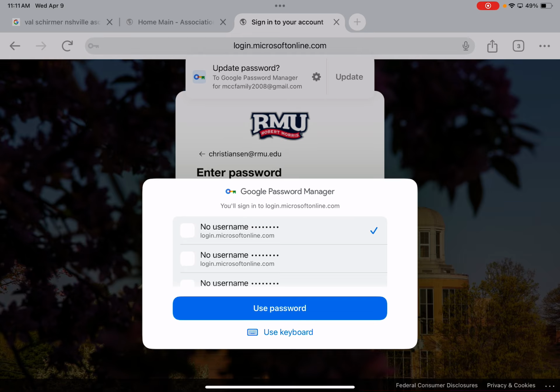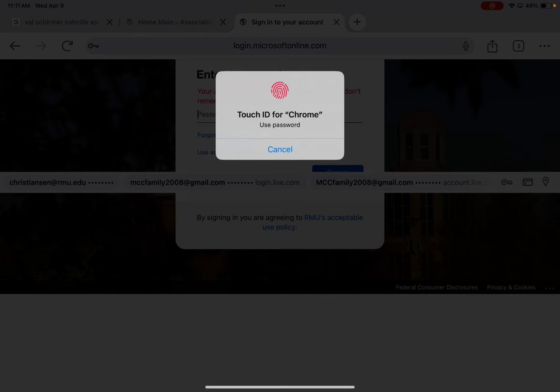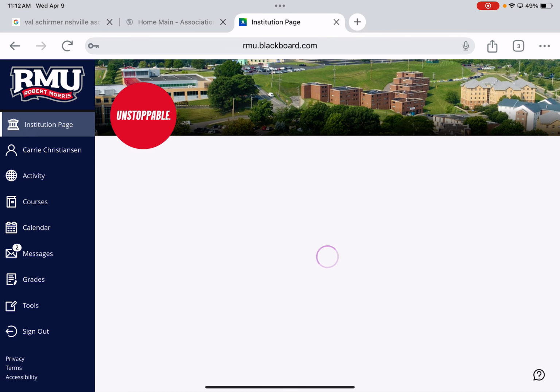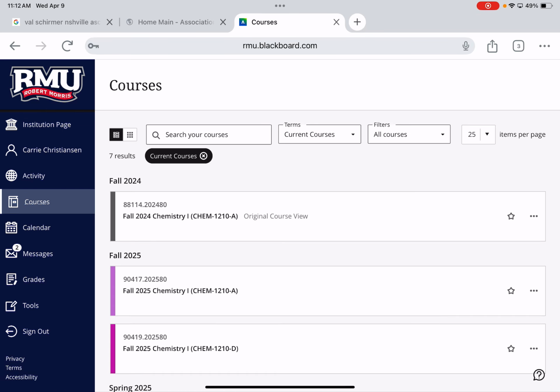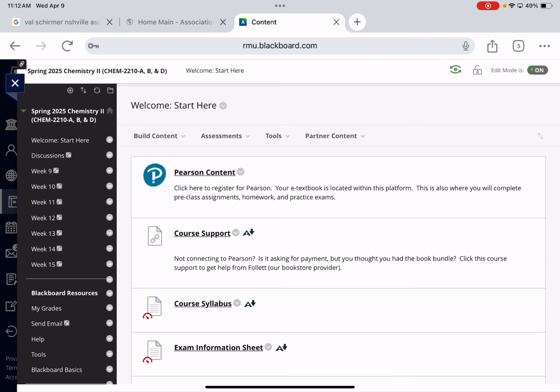Use password. Go, go, go. So freaking tedious.